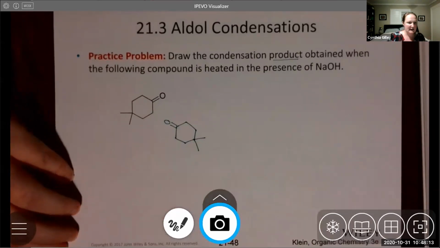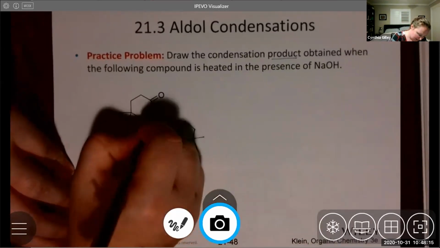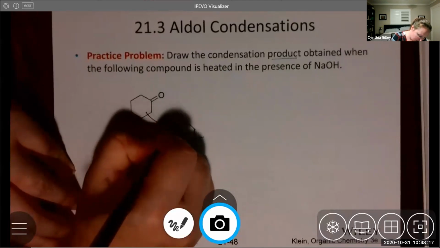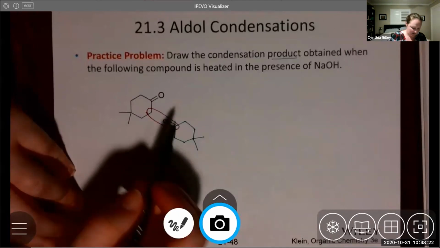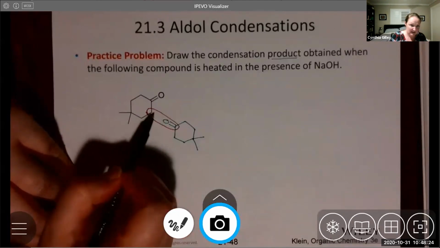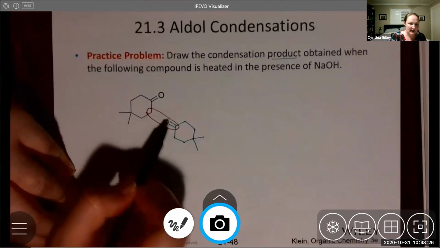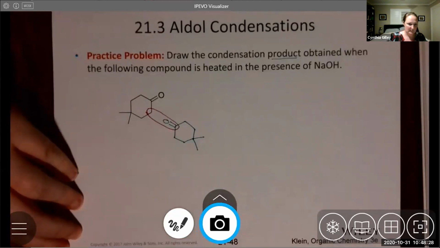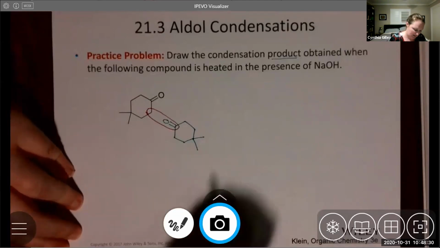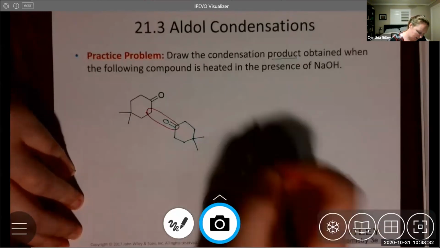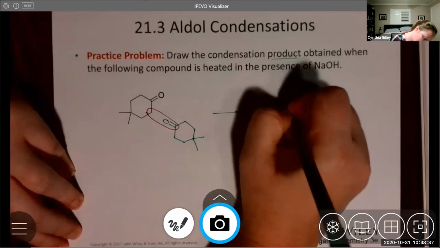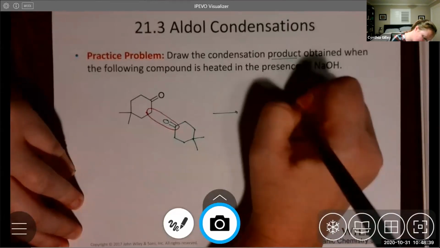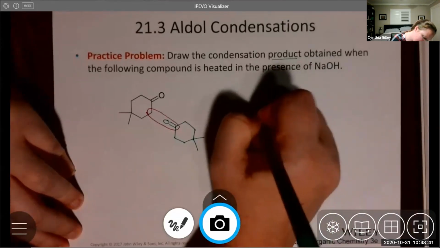And the reason I've done that is so that we can essentially circle the carbonyl and the alpha carbon, and we're going to be forming a double bond between these two carbons and eliminating this hydrogen and this oxygen, which will eventually become water. So we can visualize it that way. It's actually pretty easy to draw the product.